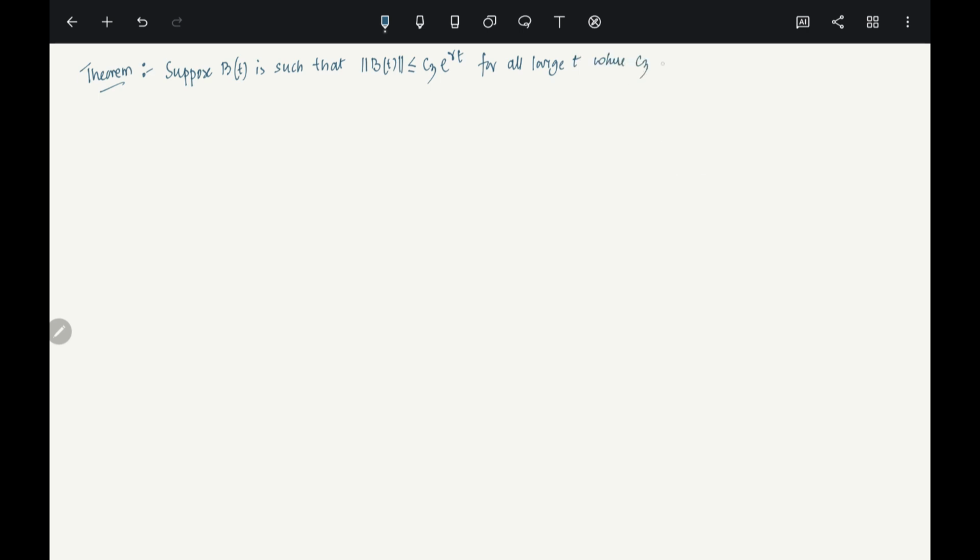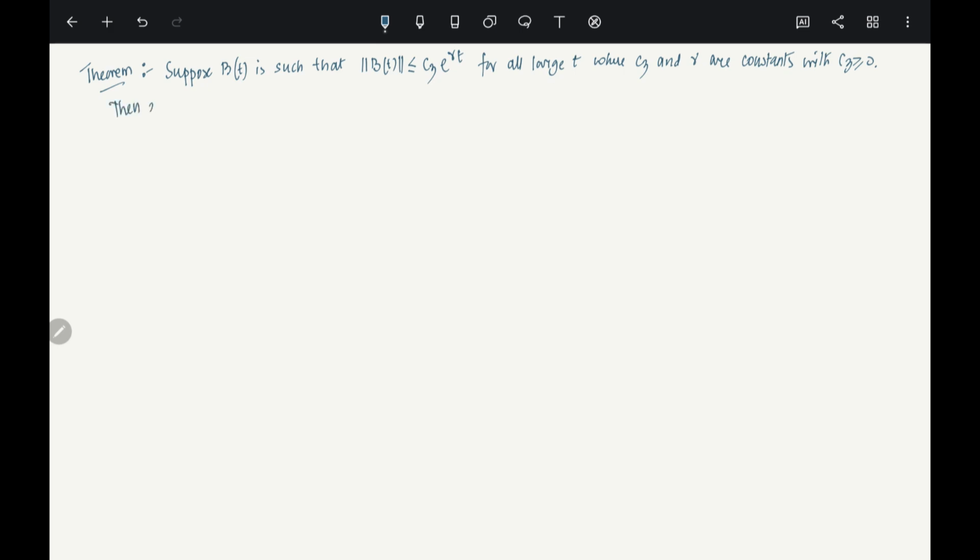When is c3 0? If it is 0, then the norm of b of t is dominated by 0, so all entries have to be 0, and we are in the case of the homogeneous equation. So c3 greater than or equal to 0, this we will assume.